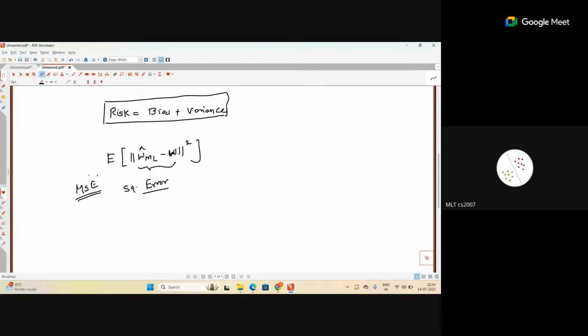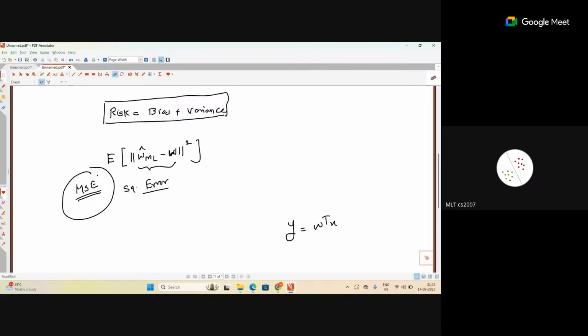So whatever the sir has mentioned as mean squared error here is this quantity. Could you explain again what W is here? W is the true parameter. So what we are saying is that y equals W transpose x plus c. Let's say we are not discussing c here, the bias term.